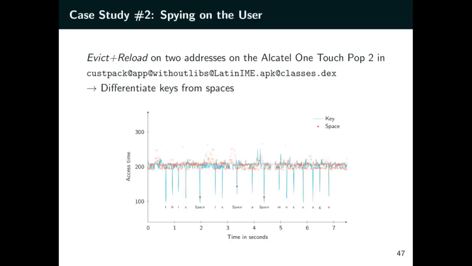So we can really see the inter-keystroke timing here. And more than that, we can distinguish between the keys and the space, because there is one address that reacts only if the space has been pressed. So we can differentiate between keys and spaces with really precise timing.